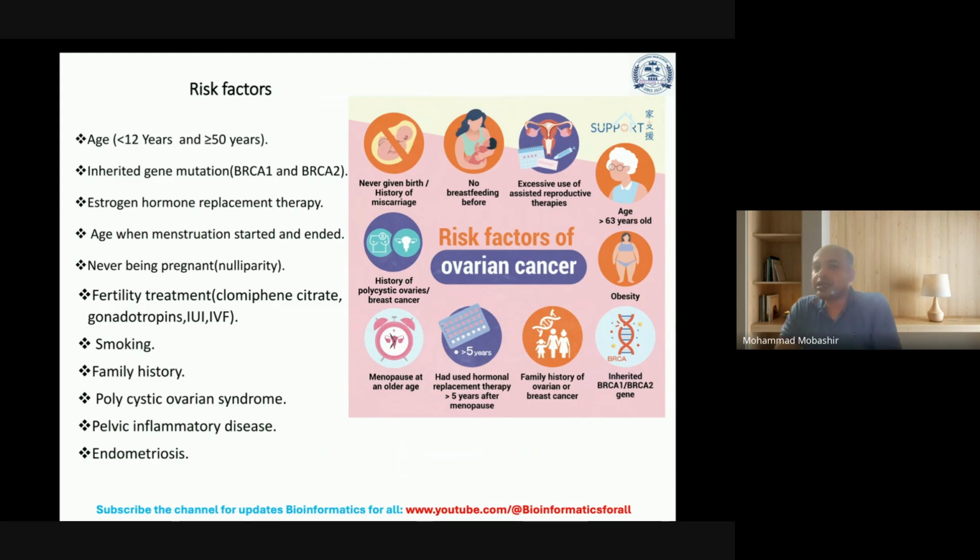Then age greater than 63 years old, obesity, history of polycystic ovaries or breast cancer, menopause at an older age, had used hormonal replacement therapy. Then family history of ovarian or breast cancer, inherited BRCA1 and BRCA2 genes.